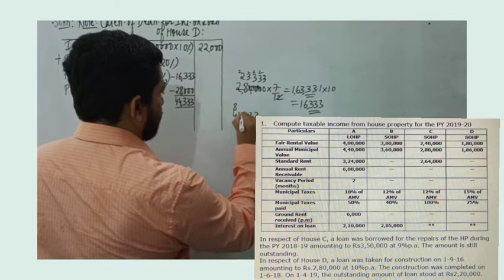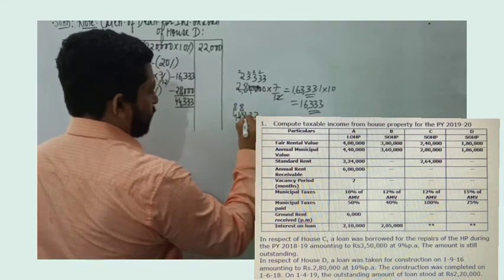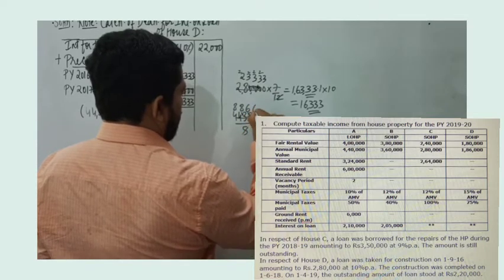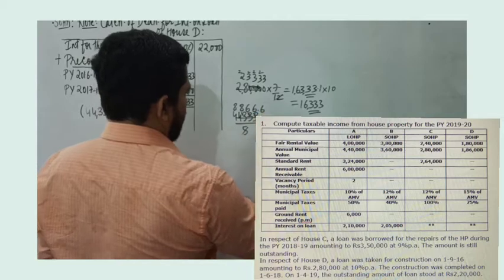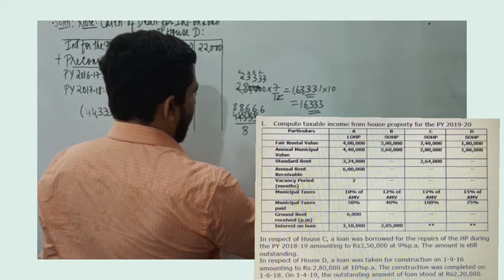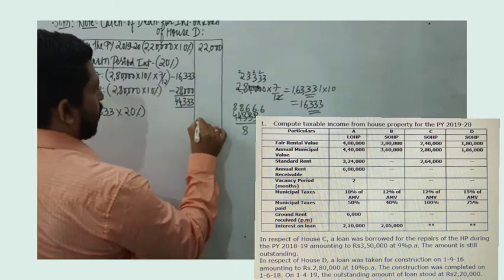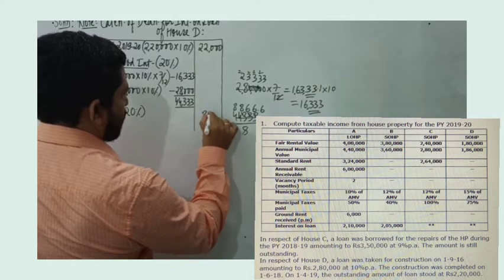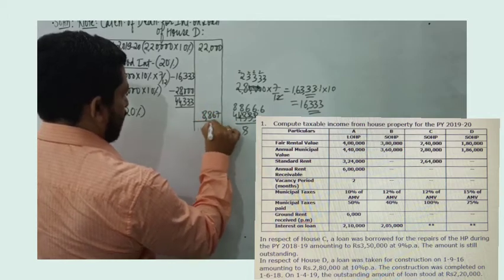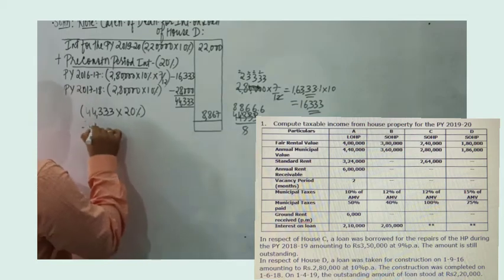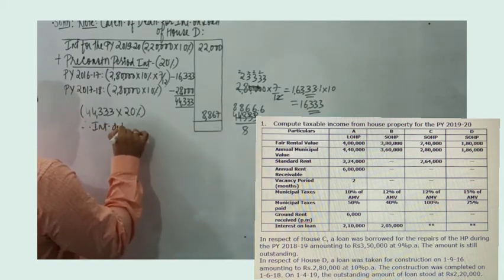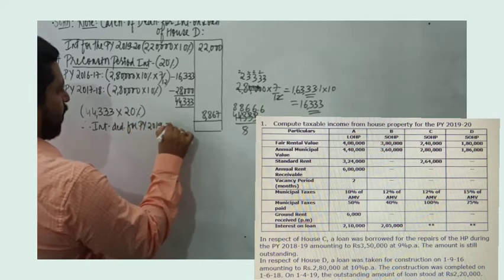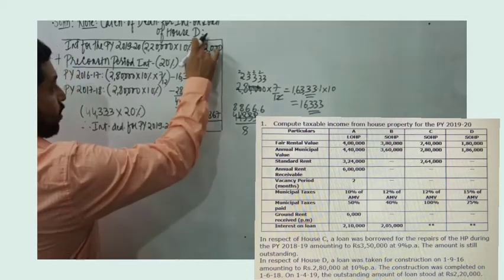So 8, 6 and 0.6. So I'll take 8,867. So 20% of 44,333, we will take it as 8,867. So total interest deductible for previous year 1920, this is for house D as we have mentioned in the note here.